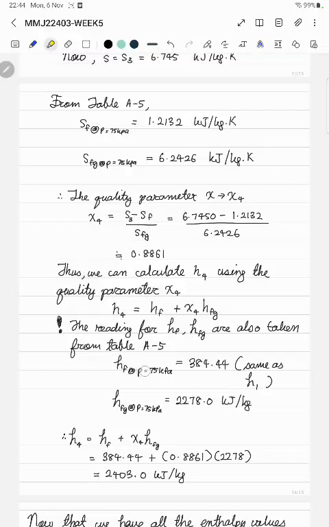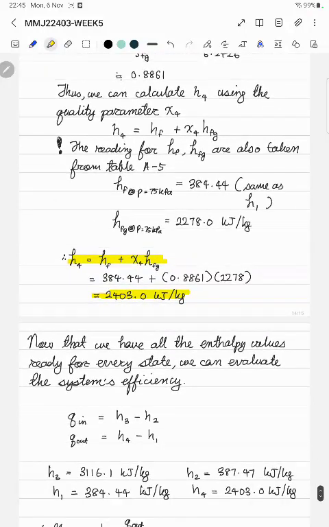So our Hf at 75 kilopascal is 348.44, which is the same as H1, our starting point, and Hfg at P equals 75 kilopascal is 2278.0 kilojoule per kilogram. And the quality x4 is 0.8861. If you do the calculation, we end up with H4 to be 2403.0 kilojoule per kilogram.